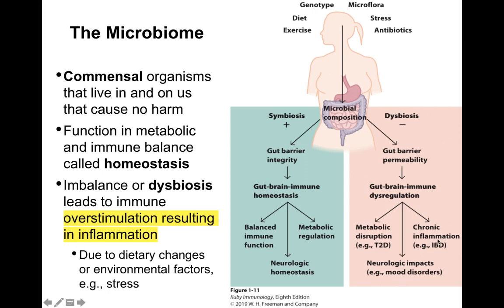They see correlations between having a dysregulated microbiome and type 2 diabetes, some mood disorders, and chronic inflammation such as inflammatory bowel disease. So they're seeing that the type of microbes that you are colonized with have impacts on many different aspects of your overall health.